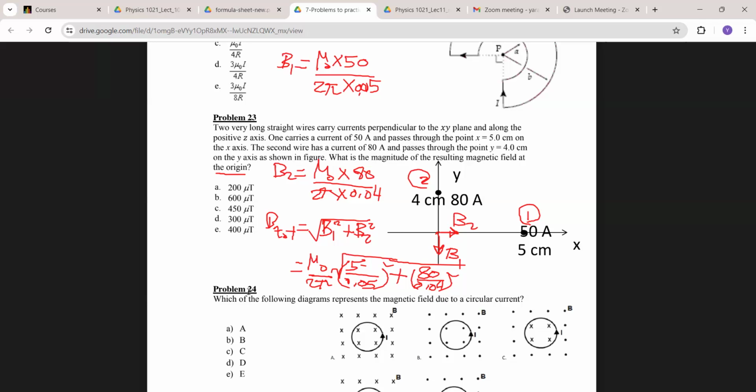I'm going to open a bracket 50 over 0.05, close the bracket, squared, plus another bracket 80 over 0.04, close the bracket, squared.